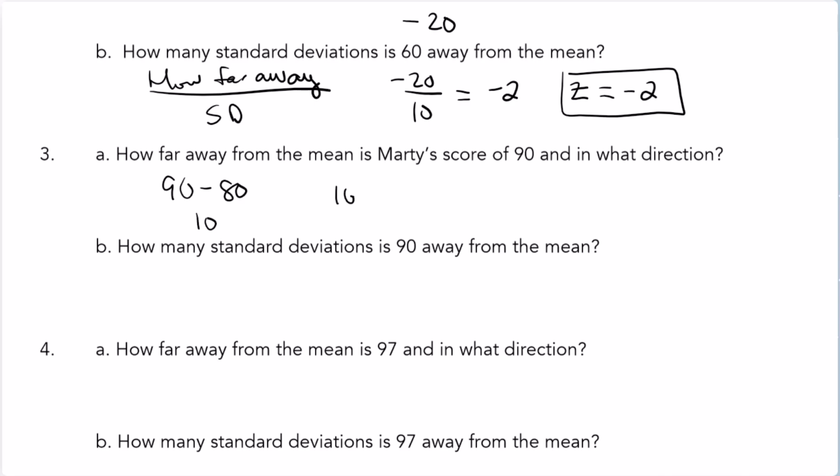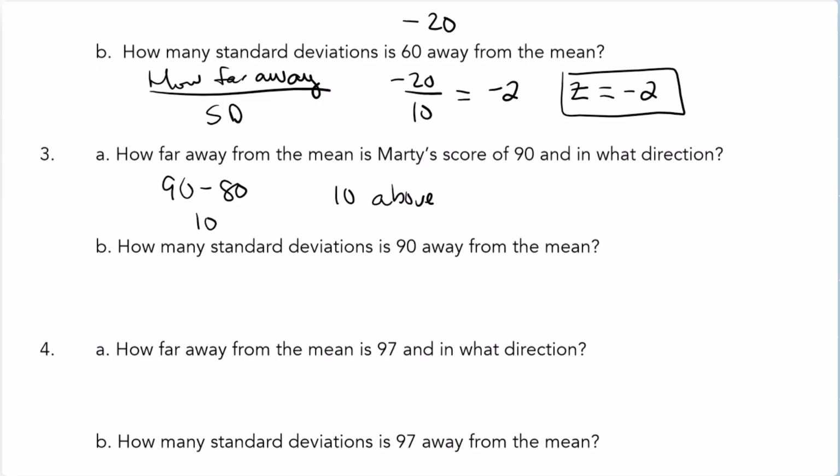So we would say Marty's score is 10 above. The words above and below are used to describe the direction, and the value you come up with will always be positive. So you want to think about it like absolute value. It's how far above or below a certain number is. In absolute value, it was how far a number was from 0 on a number line.